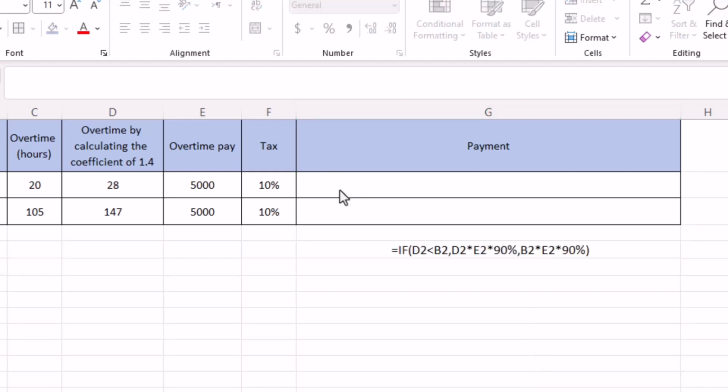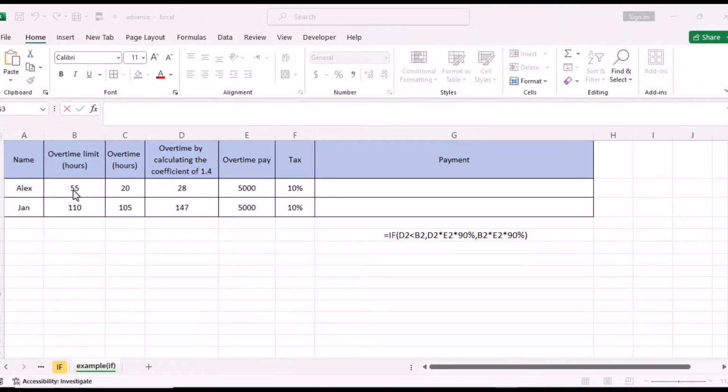Now let's solve this example with another method. Here, between the number 55 and 28, which number is our criterion? Yes, that's right, number 28. How about between 110 and 147? Here, the criterion is 110.